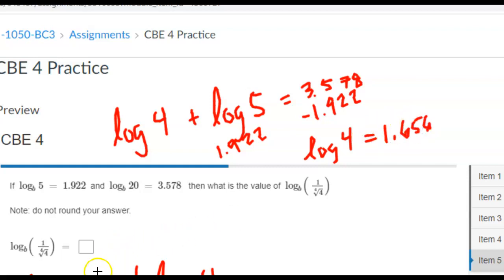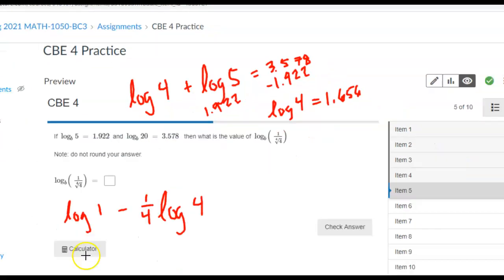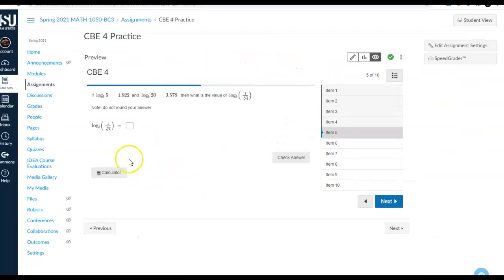And that's useful because then I can go back to my original value here. So log 4 is 1.656 here. So then I can go back to this original one here, this log 1 minus 1/4 log 4.